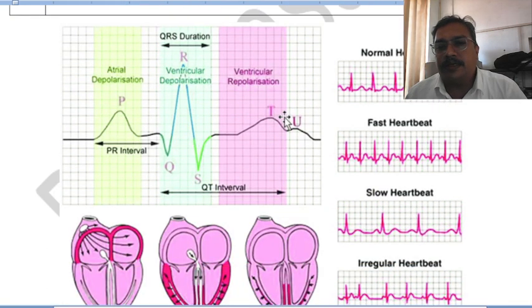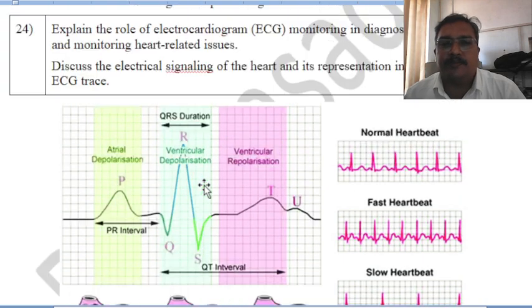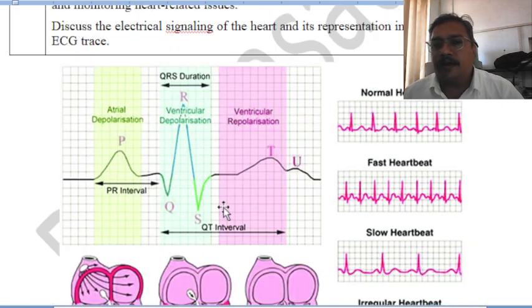This graph has some importance, because in most heart cases we have seen these types of waves continuously moving in the ECG diagram, representing the normal heartbeat. This is the normal pattern. These parts will be the PR interval, QRS duration, and QT intervals. These are all the terms that they use.